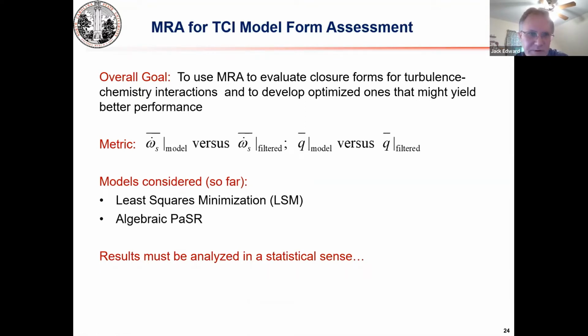These are relatively simple models. They're not the most sophisticated, but they do show you some differences that you can show out of MRA. But these are very nonlinear functions, so it makes no sense to scatter plot these data directly. You've got to come up with a more creative way to analyze these to get some benefit.